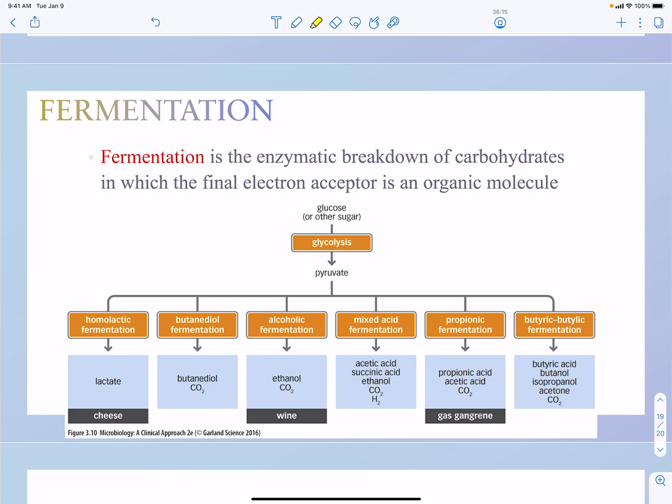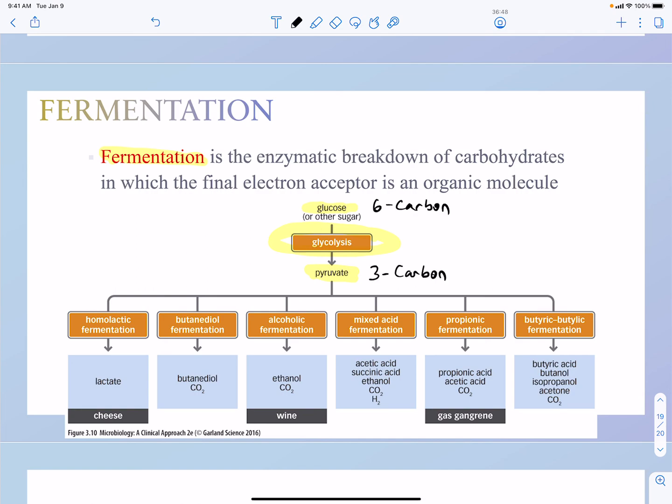Another process is fermentation. Fermentation is defined as the enzymatic breakdown of carbs, in which the final electron acceptor is not oxygen, but another organic molecule. So all bacteria can do glycolysis, whether anaerobic or aerobic. Glycolysis is the mechanism of taking a sugar and forming a molecule called pyruvate. Typically, your sugars are 6 carbon, and pyruvate is a 3 carbon.